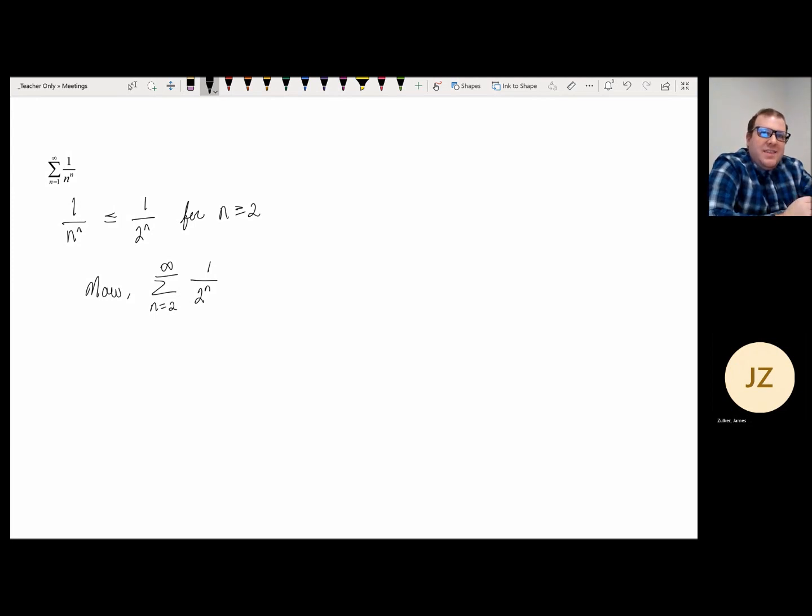So we look at this. We have to shift the index to make it geometric. I notice it has to start at 2 because we said this comparison is true for n greater than or equal to 2.